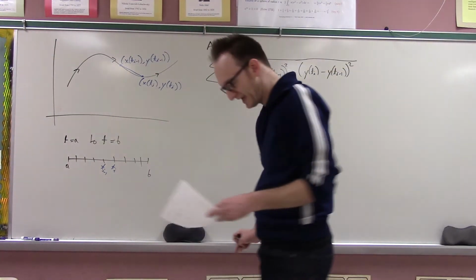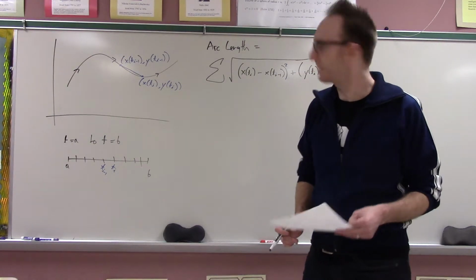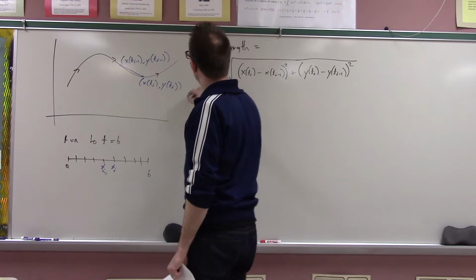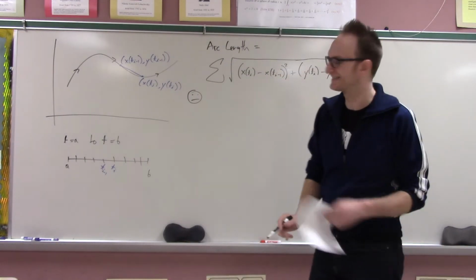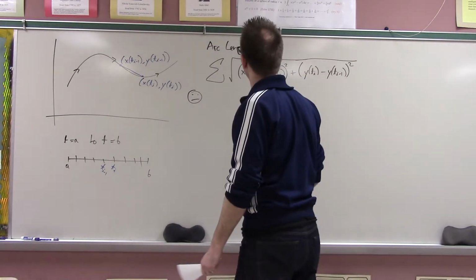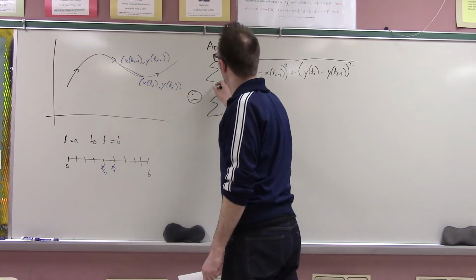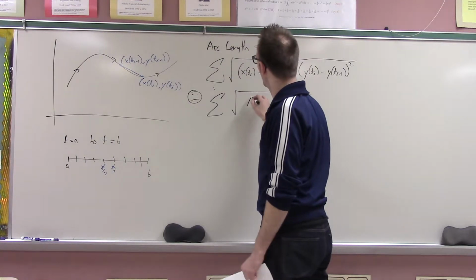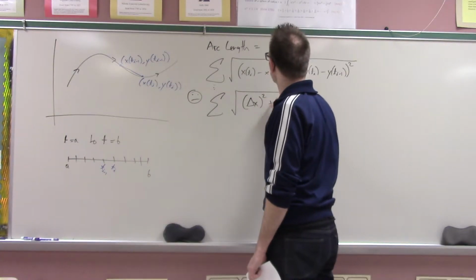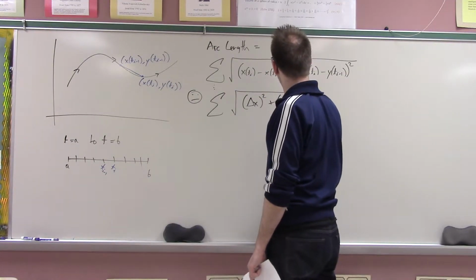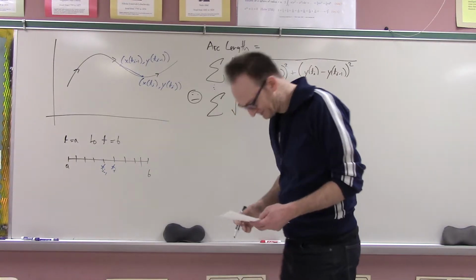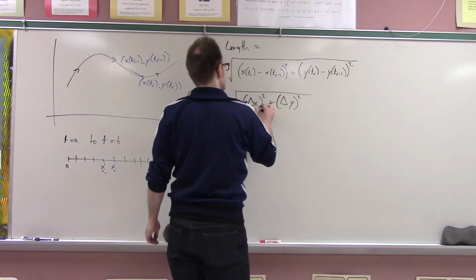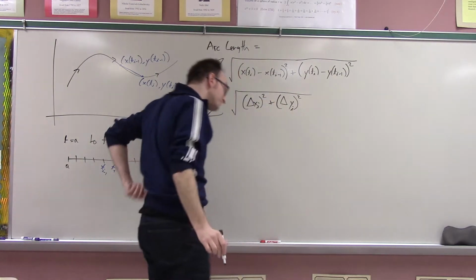Now you probably want to do a mean value theorem type thing, but it's annoying, so I'm just not going to. What you eventually end up with is a whole bunch of delta x squareds plus delta y squareds. Again, these are all slightly different.